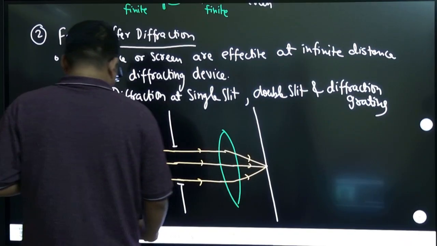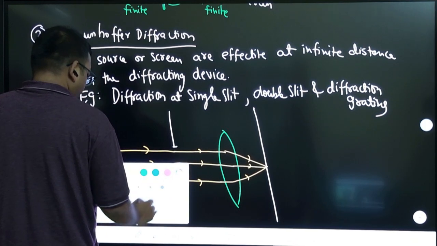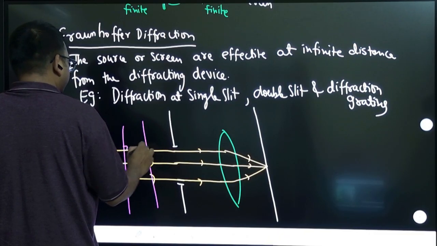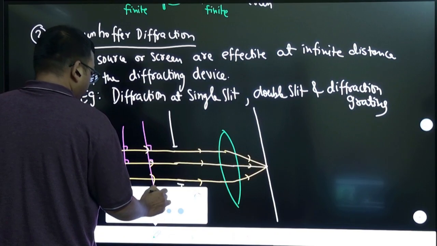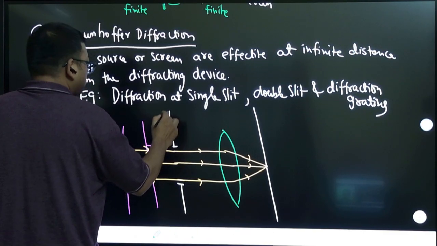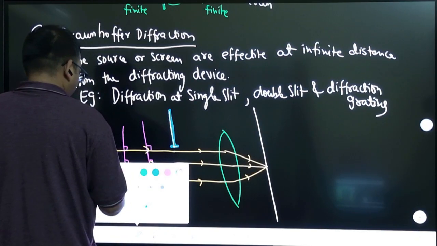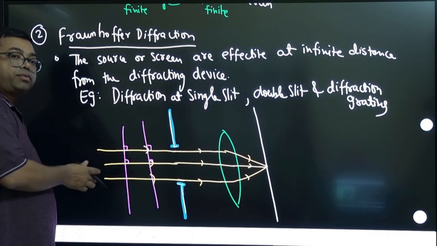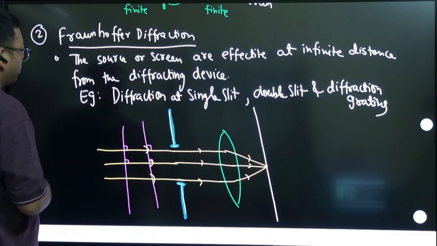The wavefronts are perpendicular like this. This is the device, a single slit. Here the rays are coming from infinity, so they are parallel rays. That is Fraunhofer diffraction.